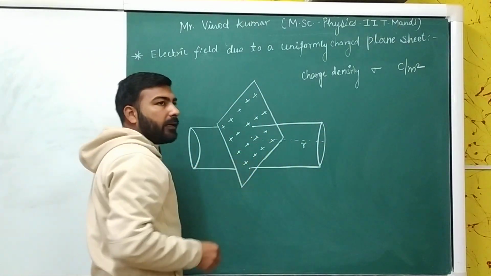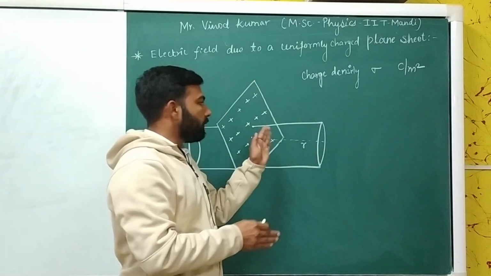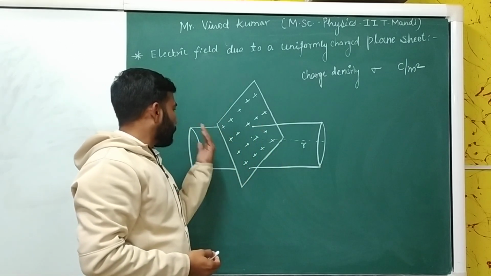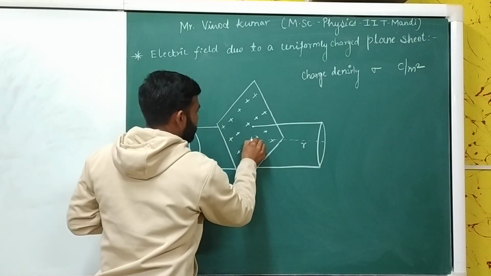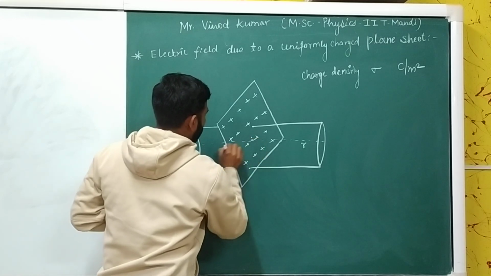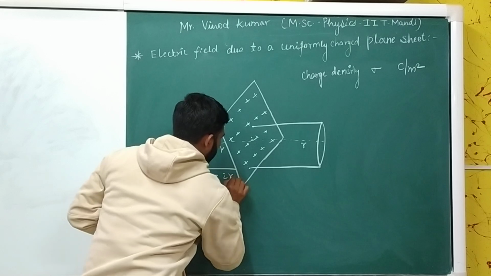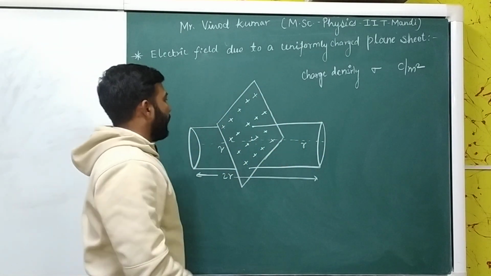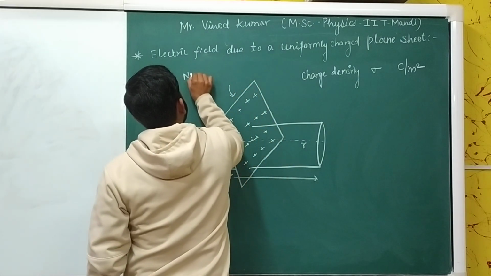The cylinder which we have made here is divided both ways. Half of the cylinder is on the other side of the plane sheet, and half of the cylinder is on the left side of the sheet. This distance is also r, so the length of the cylinder is 2r. It is a non-conducting sheet.